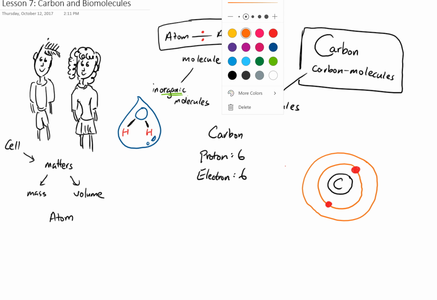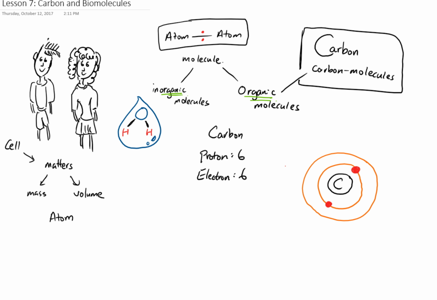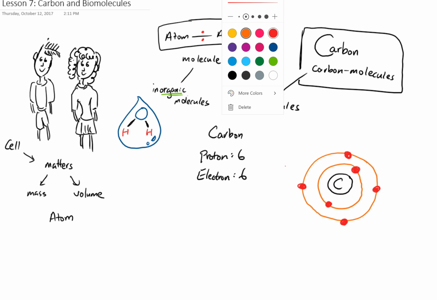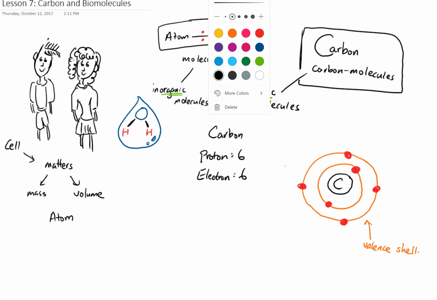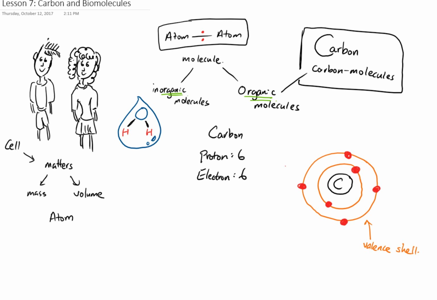And this second shell will be able to fill in 4 electrons, because that's all the electrons that carbon has left. And these 4 electrons will be occupying a shell which we call the valence shell because it is the outermost shell for carbon. And by this model, we can see that carbon has a valence electron count of 4, which means it has 4 electrons at the outermost shell.